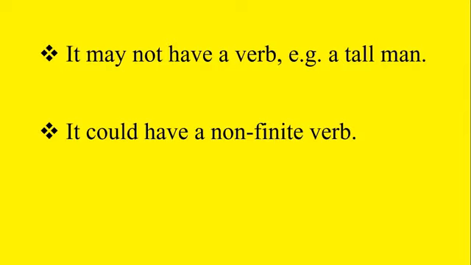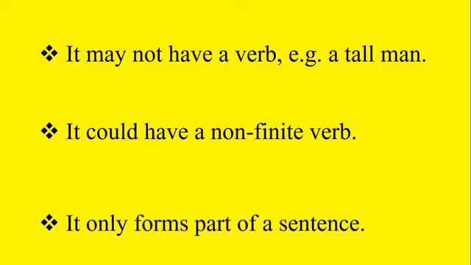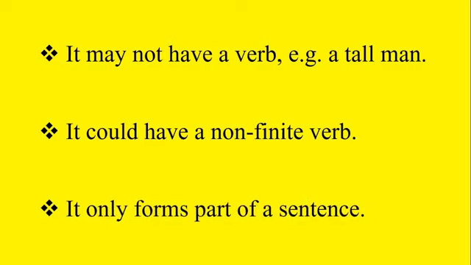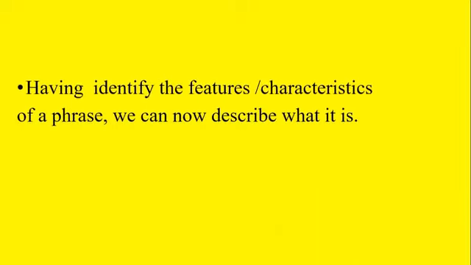So in phrases, we have a non-finite verb. So when you see a non-finite verb, it is a phrase in an expression. Also, a phrase only forms part of a sentence, just part of a sentence and nothing more.